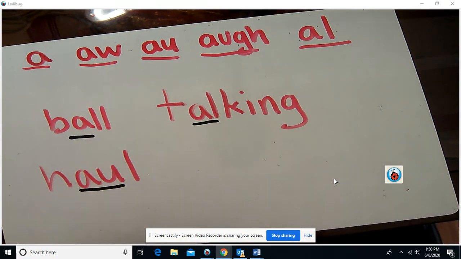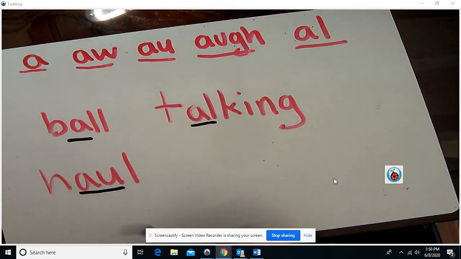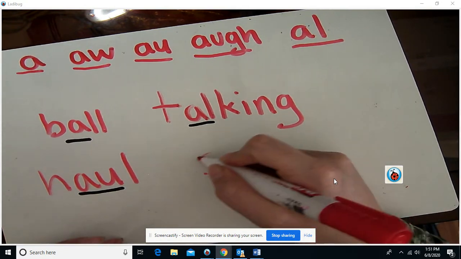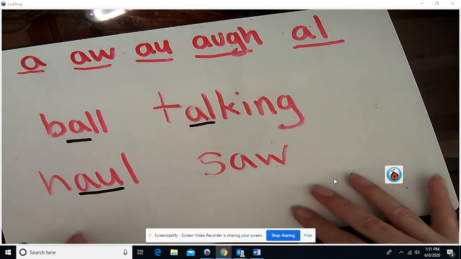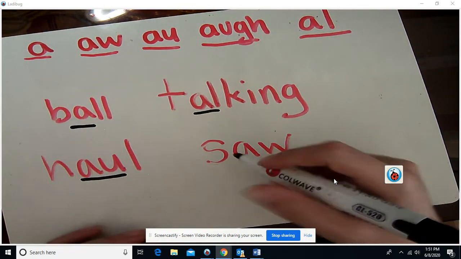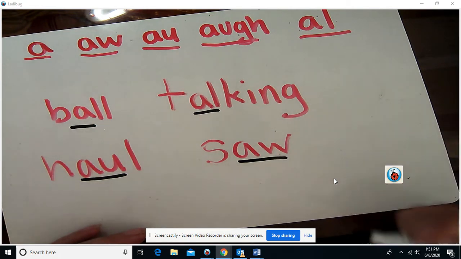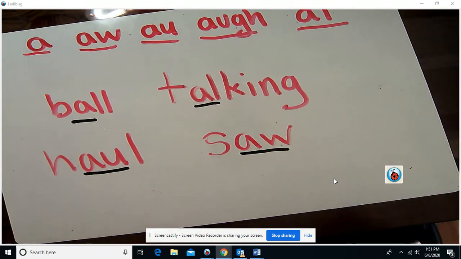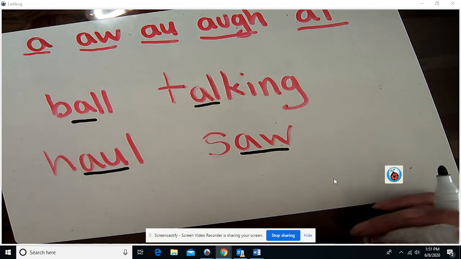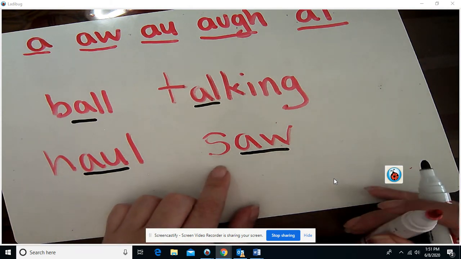And then another one is saw. This saw can mean different things. It could be like, I saw you the other day, I saw you at the park, I saw you at school. Or it could mean like a saw, like the tool that's used to cut up wood. Saw. So this has two sounds.